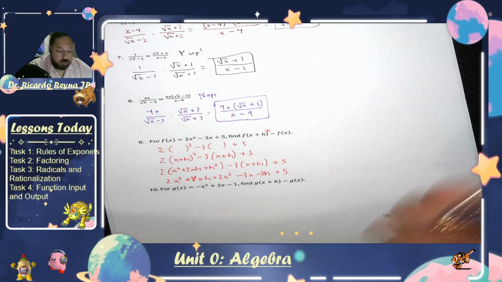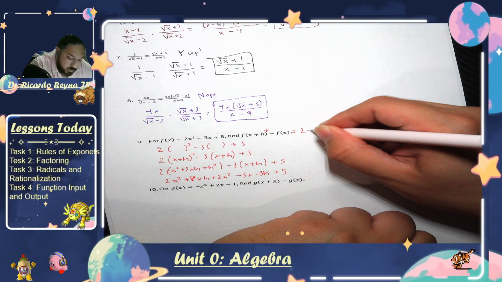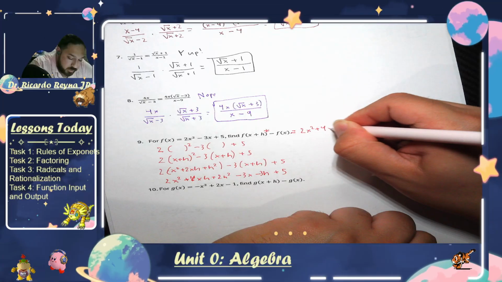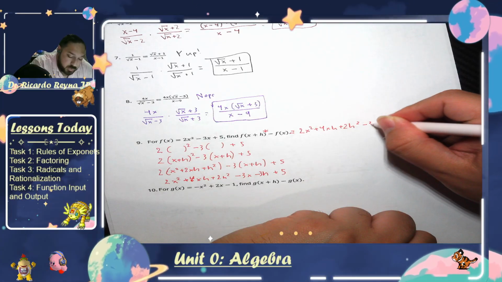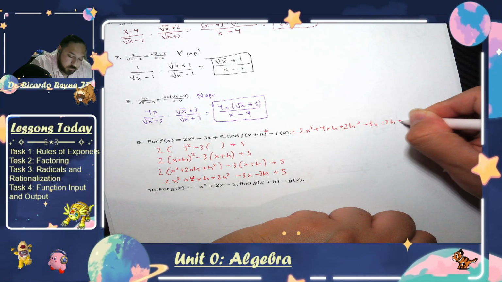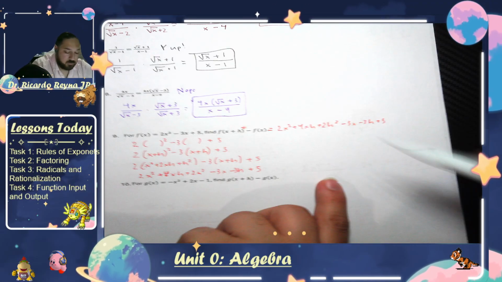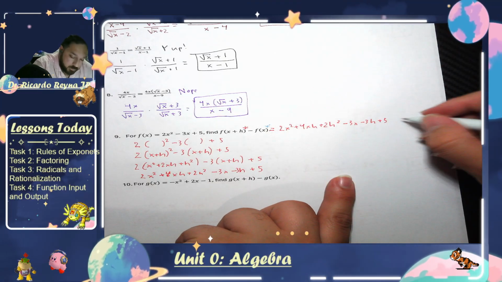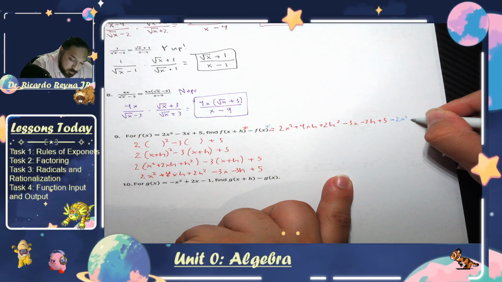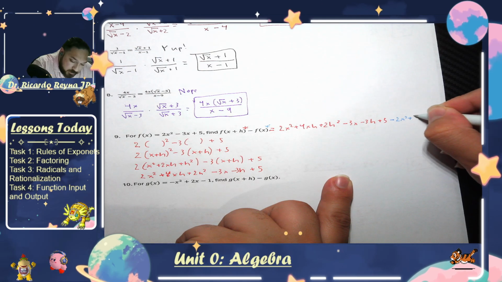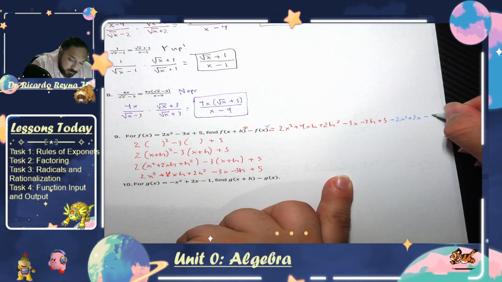It is equal to 2x squared plus 4xh plus 2h squared minus 3x minus 3h plus 5. And then I'm going to already distribute the negative from here. So I have negative 2x squared plus, because negative times negative is positive, 3x, and then minus 5.